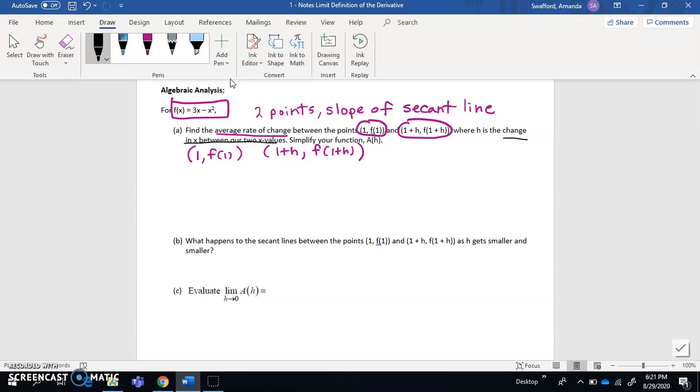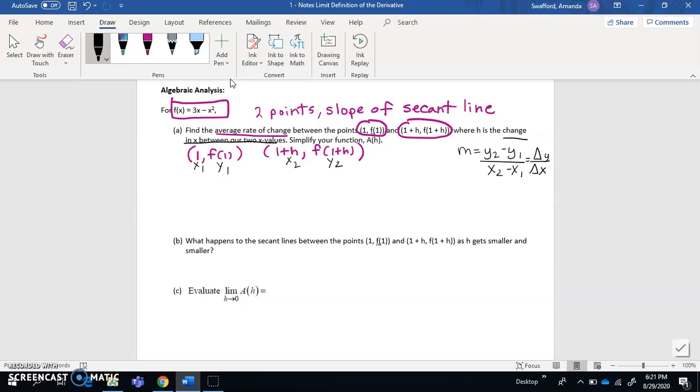Now you may recall from Algebra 1 that to calculate the secant slope, we use the formula y2 minus y1 over x2 minus x1. That's the change in y over the change in x.